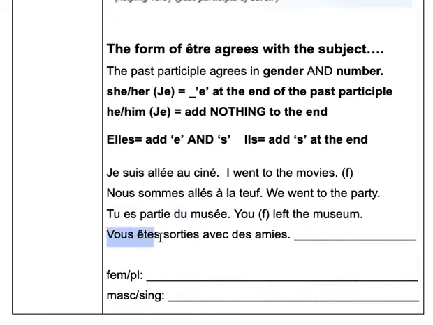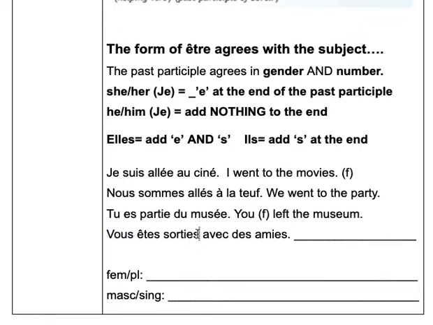Last one. Vous êtes sorties avec des amies. Okay, so now you went out with some friends. Let's take a look at this past participle. I notice there's an E, so the vous must be a bunch of feminine pronouns, and always an S because vous is always plural.